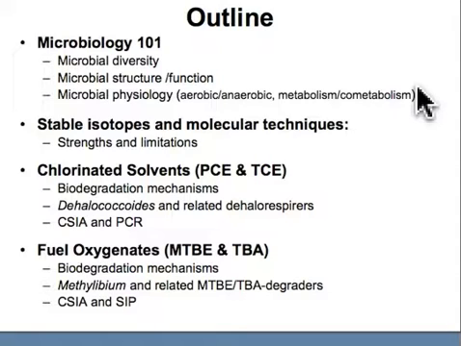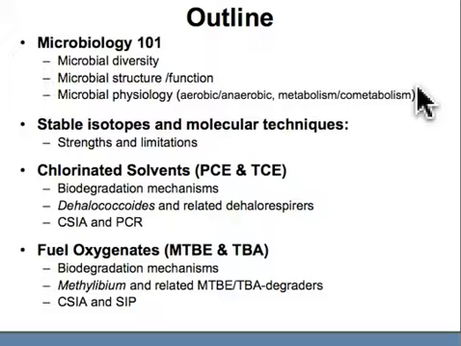Obviously, some of the things that we're particularly interested in this workshop are some of the modern tools, and there's a particular emphasis on the use of stable isotopes. You're going to hear a lot about stable isotopes, looking at particular compounds and seeing how their isotopic composition changes.